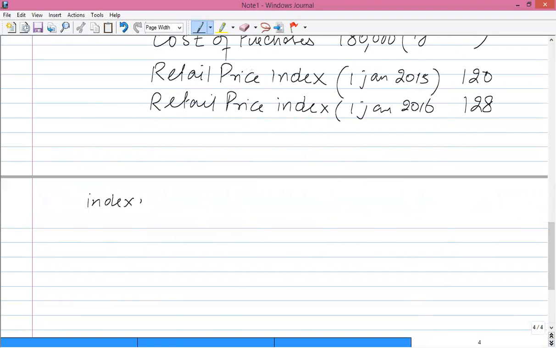Indexation allowance can be calculated through a formula, that is cost multiplied by indexation factor.